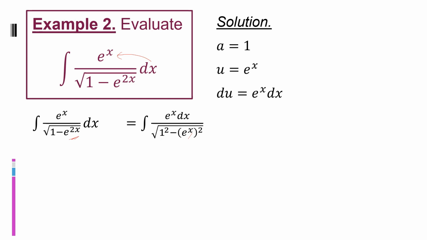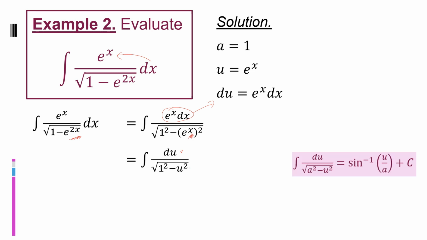Diba? Pwede natin gawing e raised to x squared yan. Then, ito is just equal to du. So, we have du over square root of 1 squared minus u squared, where u is e raised to x. Since kamukha na niya ito, we can now use the formula. Plug in na lang natin. We now have arcsine of e raised to x over 1 plus c.